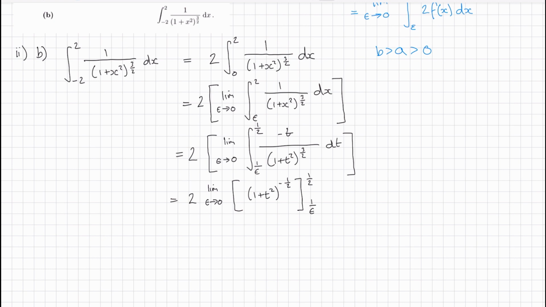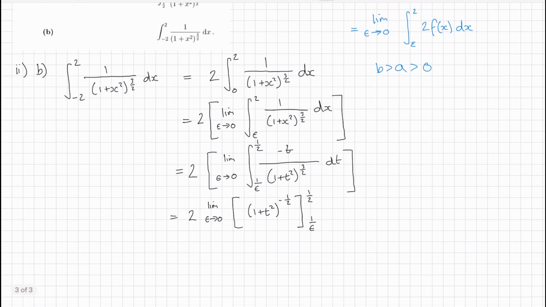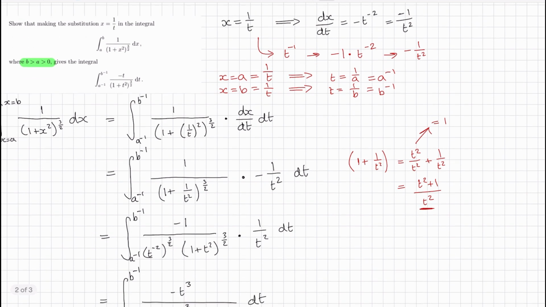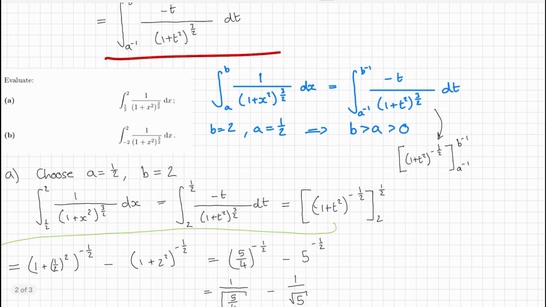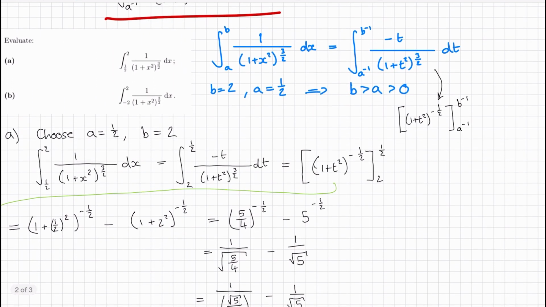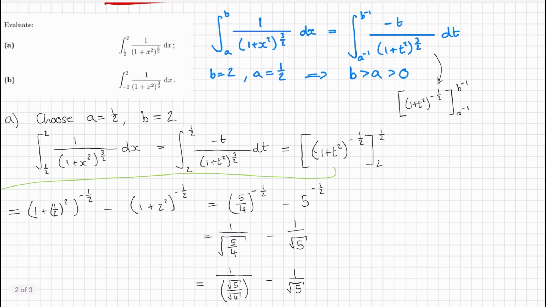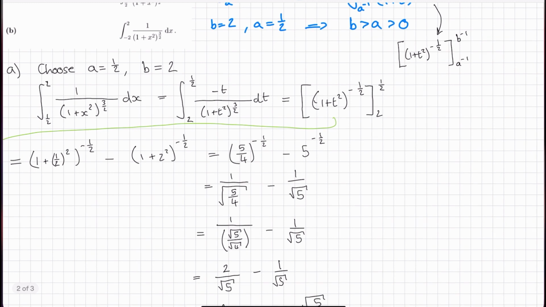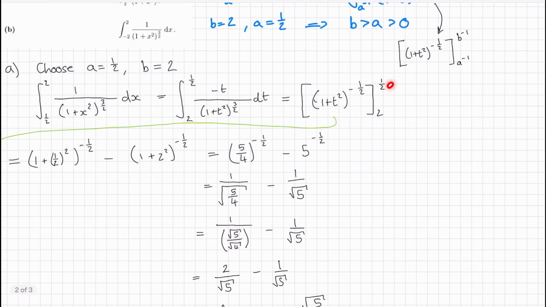Now, from the previous part, let me just scroll back to it. We already had an upper limit of a half, and that same upper limit there.